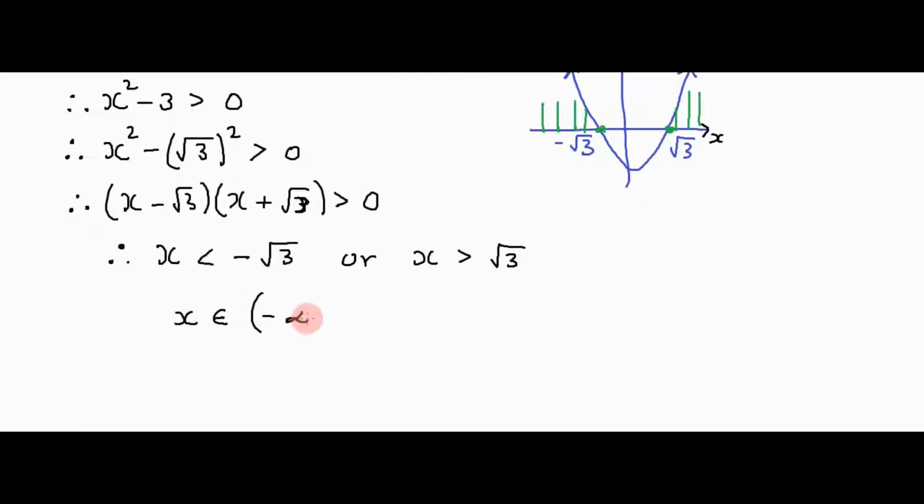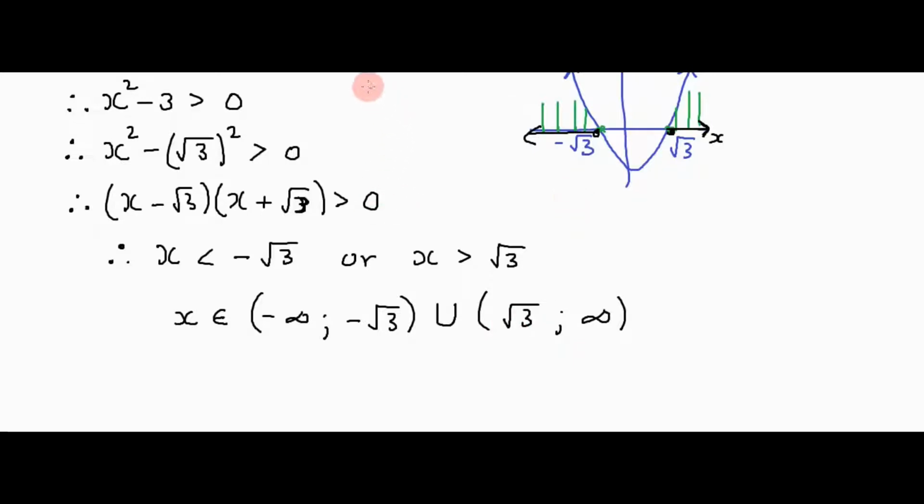So from negative infinity to negative the square root of 3, then we have the union. So it's this interval. We have the union of this interval with this one. In other words, with from positive square root 3 to positive infinity.